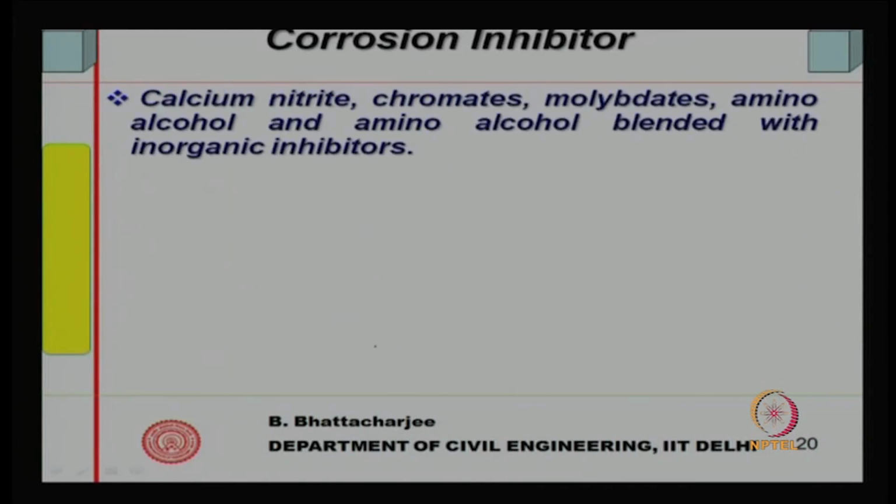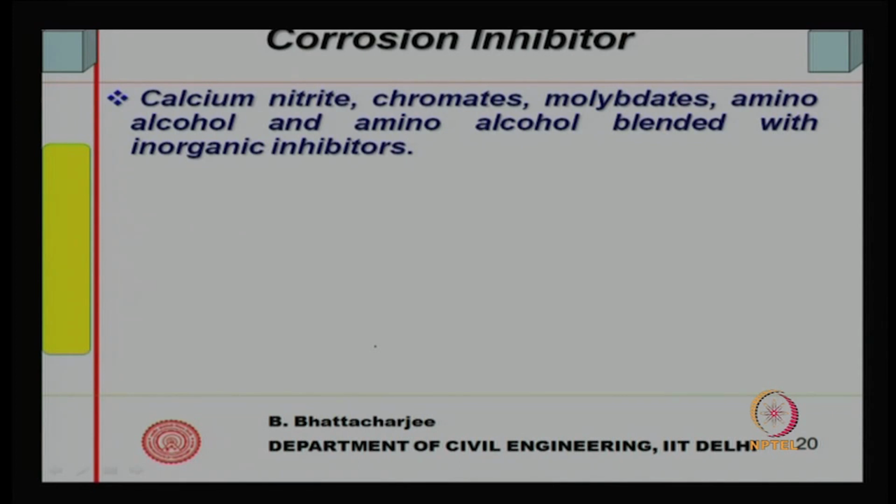That was viscosity modifier. Then we have corrosion inhibitor. They can stop the corrosion process, because rebar corrosion is one of the major durability problems in concrete, and corrosion inhibitors stop this, all right.